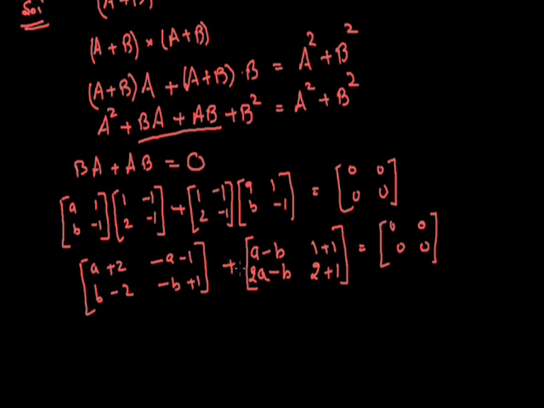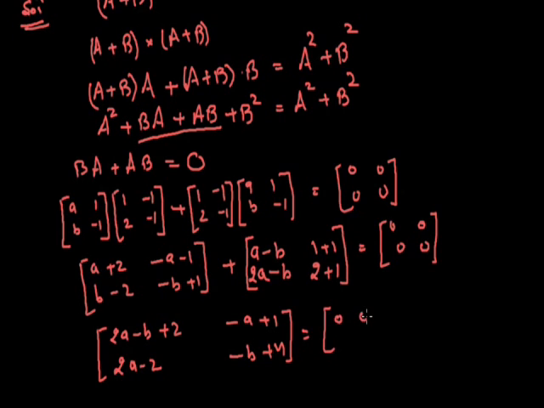Now it is a plus 2 and a minus b, so 2a minus b plus 2. This one is minus a plus 1, then 2a minus 2, then minus b plus 4, equal to 0, 0, 0, 0.